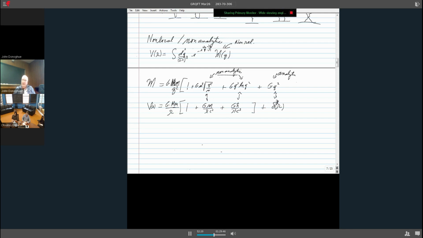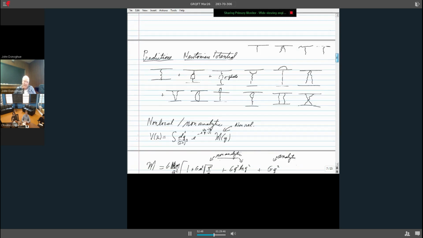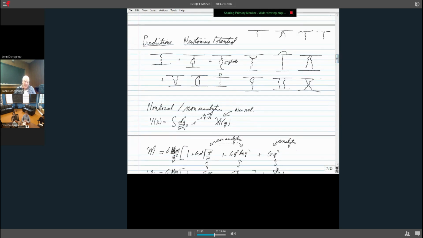And then you'd also expect that besides the non-analytic pieces, there's analytic pieces. Q squared. If you think about that guy for the moment, I've got Q squared there, Q squared in the denominator. That's Fourier transform to a delta. Those guys are paired.